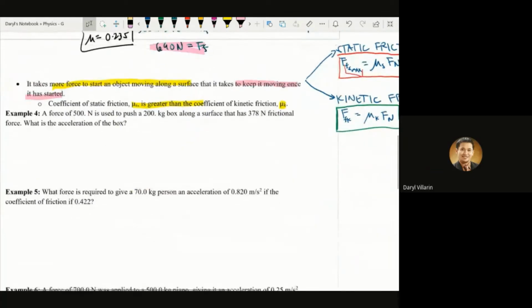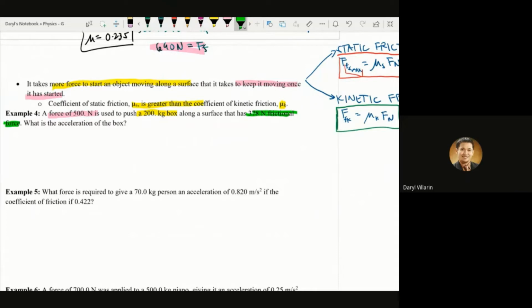So let's take example number 4. A 500 newton force is used to push a 200 kilogram box along a surface that has a given 378 newton frictional force.